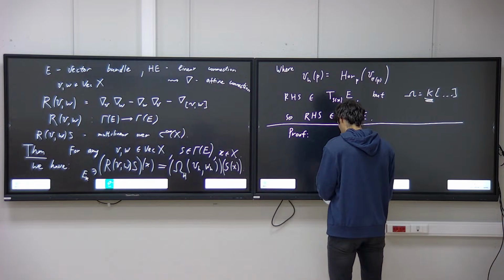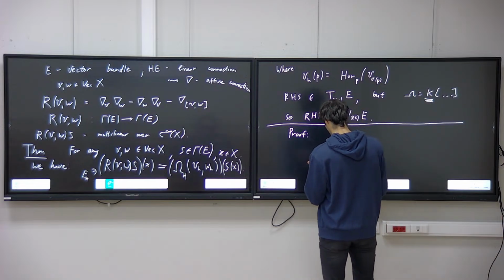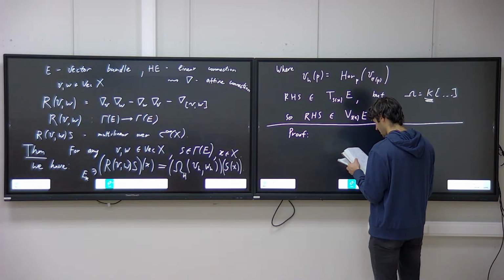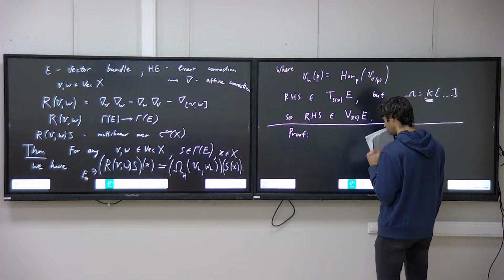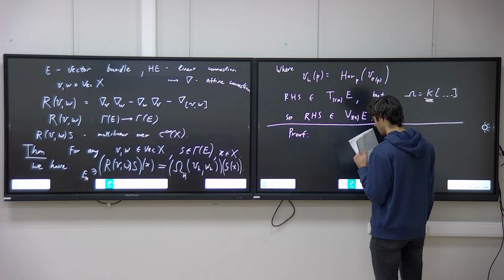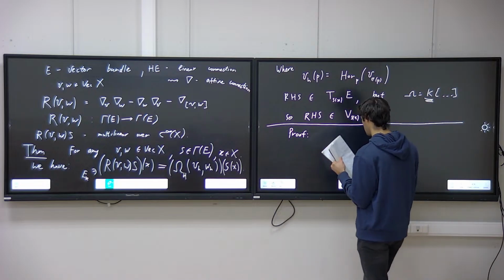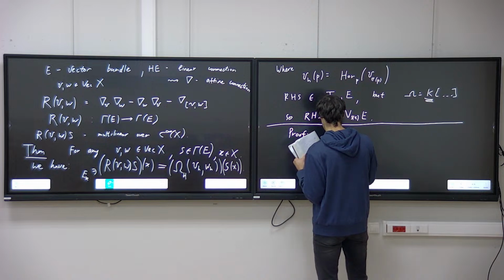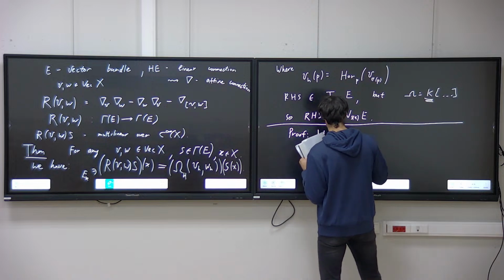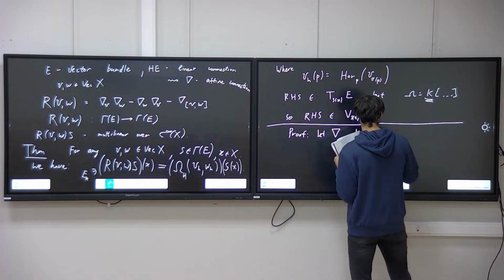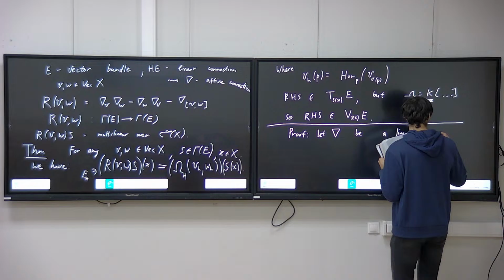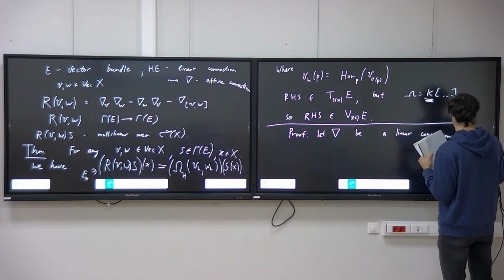All right, for that I will need the following observation. Suppose that nabla is a linear connection on E.